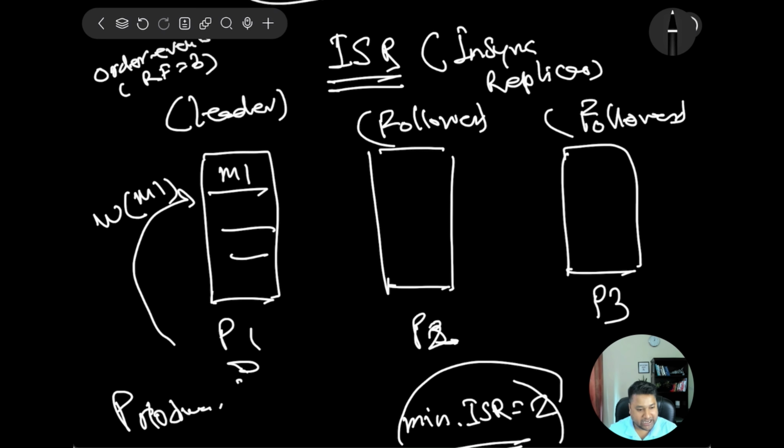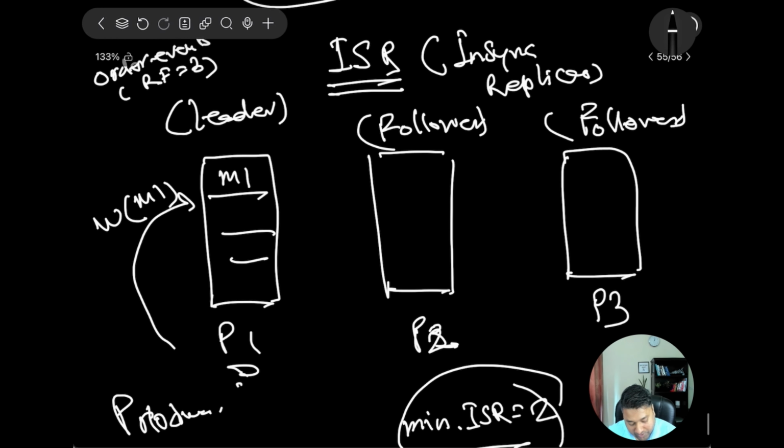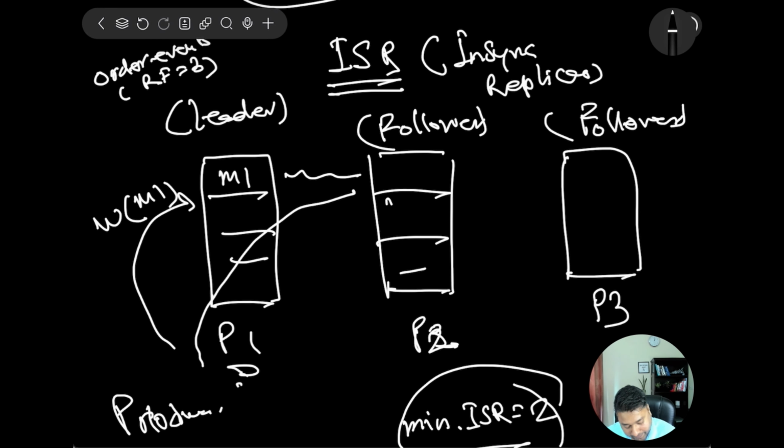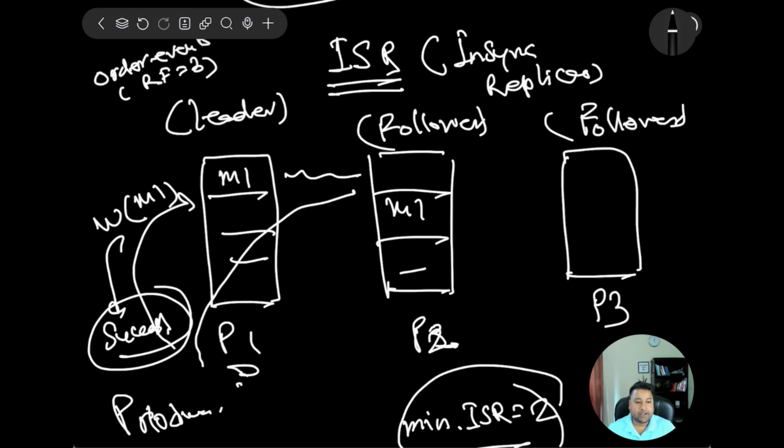That means the same write needs to be replicated, let's say M1 here, and only then will your write operation become successful. If you have minimum ISR equal to 3, then your write will only be considered successful once it is replicated to all 3 partitions. This is your minimum in-sync replica.